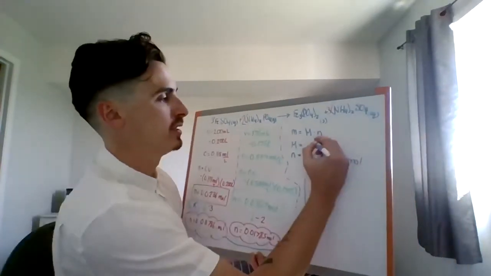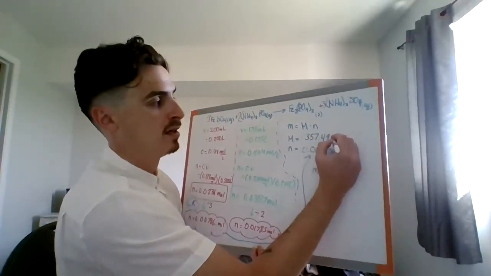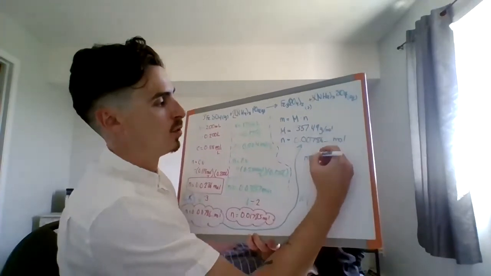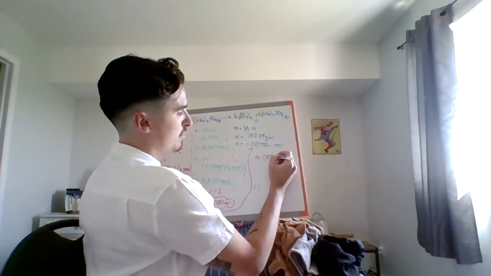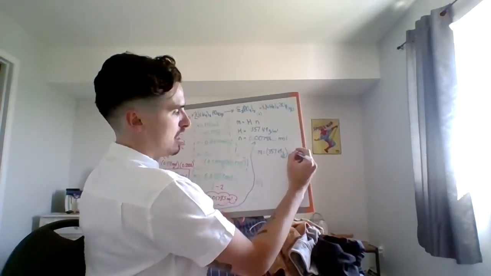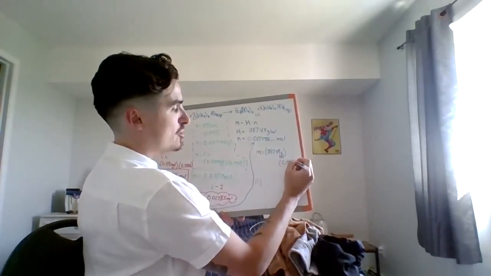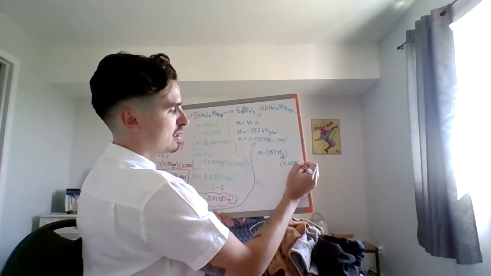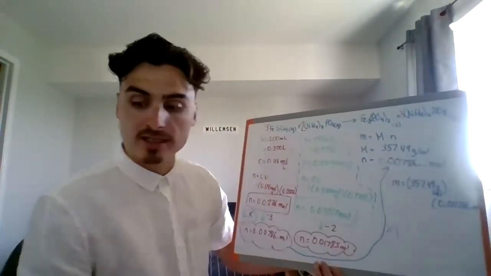I get 357.49 grams per mole. So when I do this and I sub in that information, 357.49 grams per mole. Don't have enough room here. I'm just going to write moles down here. Again, don't round that mole number, guys, because there's some other digits that we want to consider.